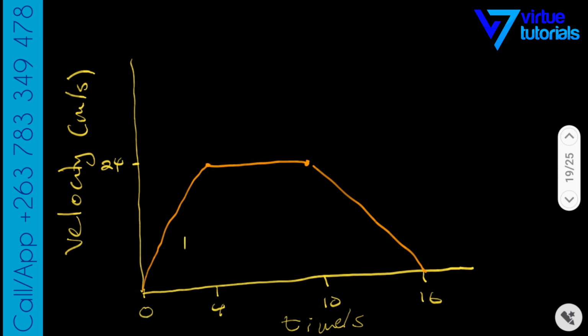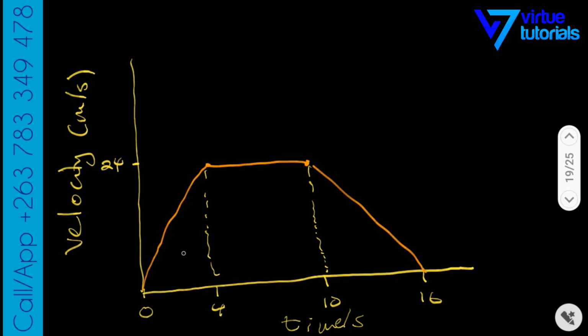So now let's go back to this velocity time graph that we used earlier on, and we want to find the distance traveled here. Now, there are different ways of doing this, right? You might not be able to find a shape that corresponds to this entire graph, so you can divide this into different shapes.